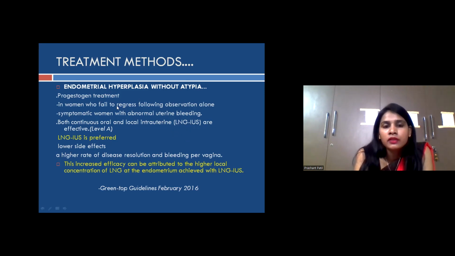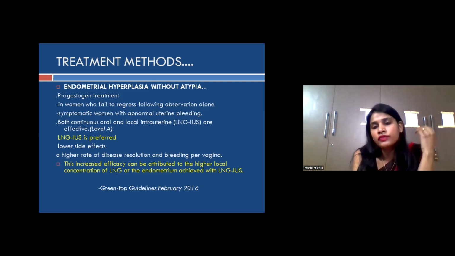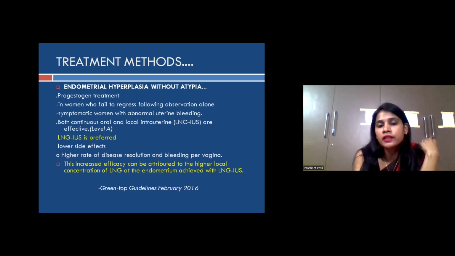The preferred, first line method is always LNG IUS, since it has low side effects and also a higher rate of disease resolution, and the chances of bleeding will be less. The efficacy is more because obviously there is a high local concentration of levonorgestrel at the endometrium.